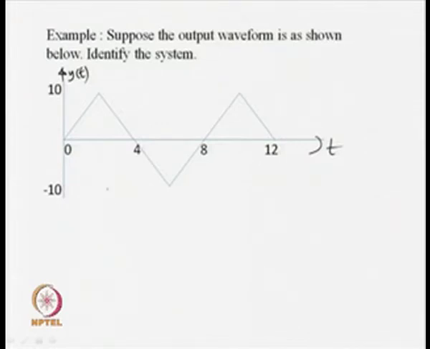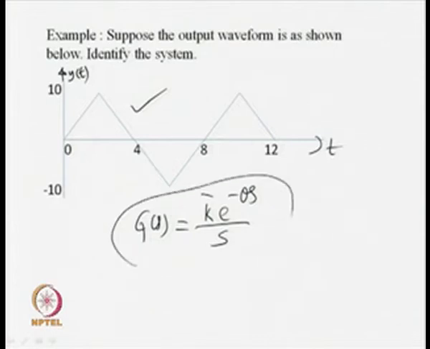Now, as you have seen, looking at the output waveform, first of all we decide the form of the transfer function model. What sort of transfer function model will the system have? So, I will go for the integrating one, k bar e to the power minus theta s upon s, because we know that such integrating systems result in a triangular output under relay control.